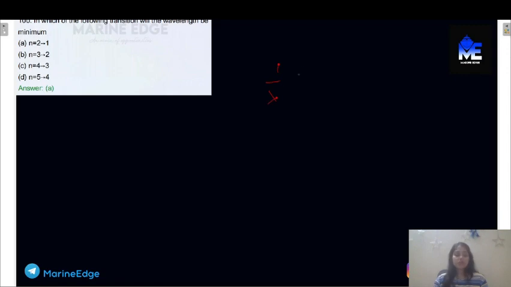1 by lambda is equal to Rz square times (1 by n1 square minus 1 by n2 square), correct? If we just put these values, whichever has the maximum value of 1 by lambda will have the minimum lambda. Correct?